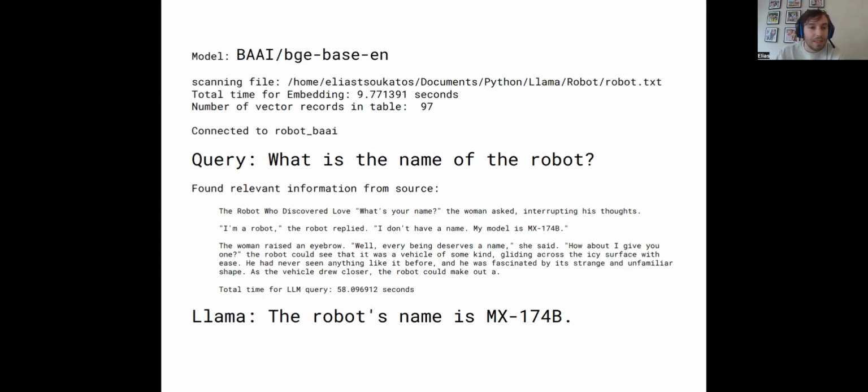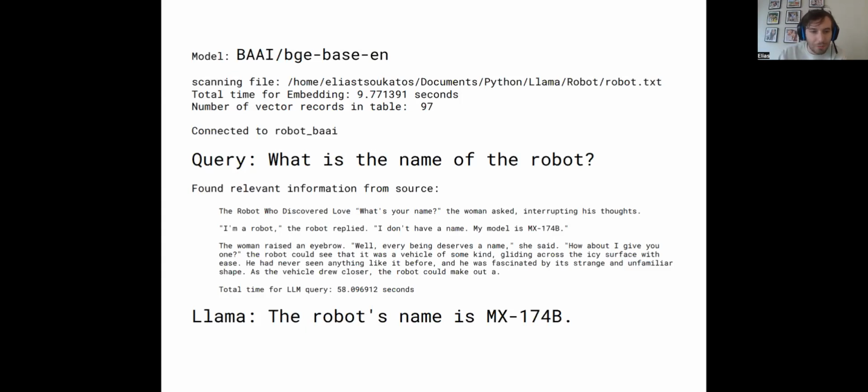I created this table, called robot BAAI. When I asked the large language model what is the name of the robot, which is very simple to retrieve, it extracted this relevant information from the source, this piece of text, and then responded, the robot's name is MX174B, which is not correct.